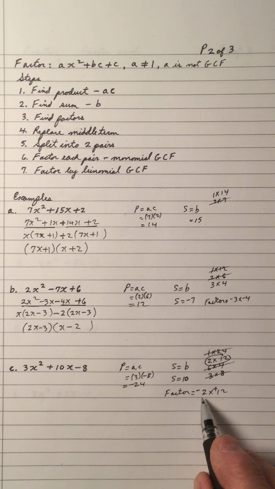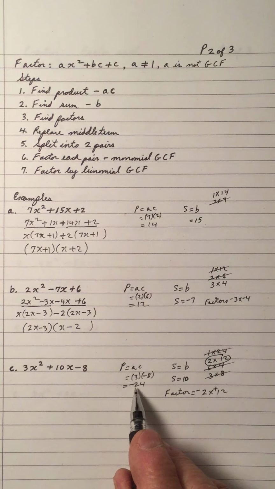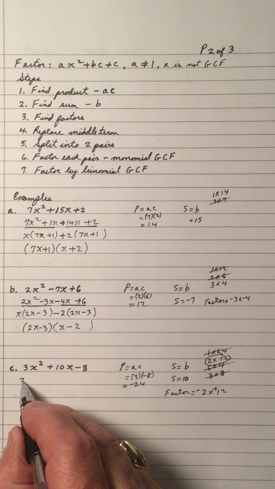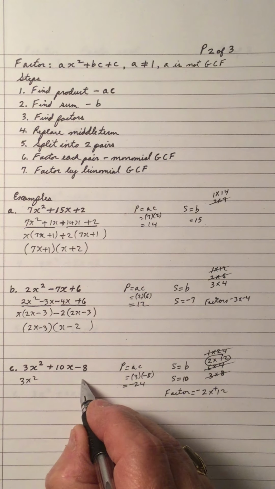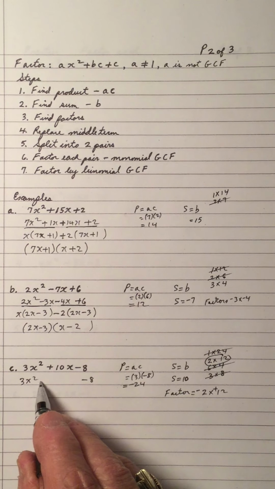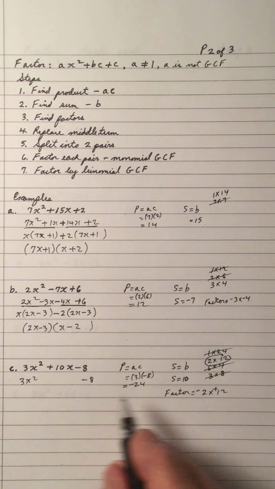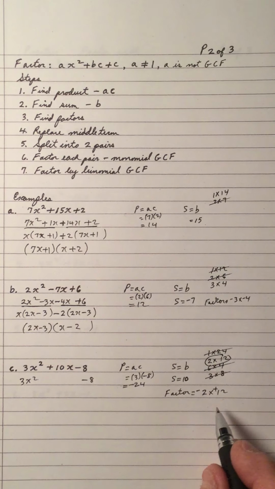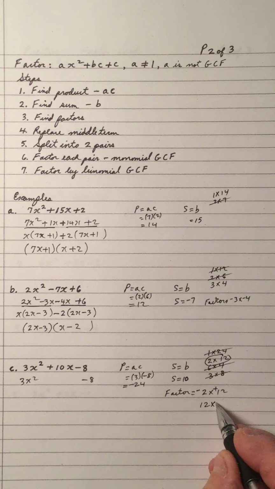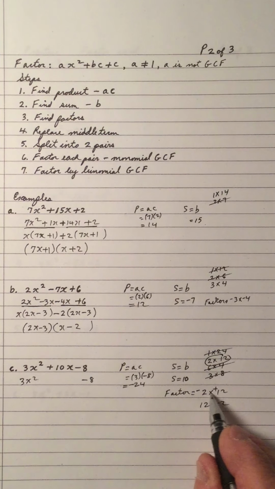Let's see. Multiply, negative 24. Add, 10. So 3x squared minus 8. So you can put negative 2 with an x and a 12. It makes no difference if you go 12 times negative 2, whatever way you want to write these down.